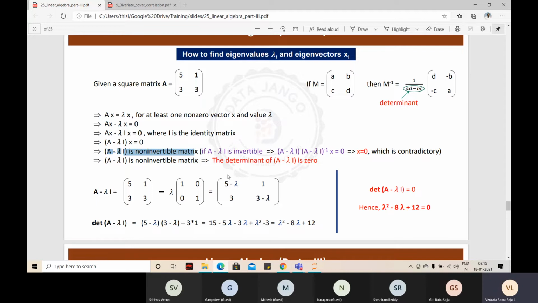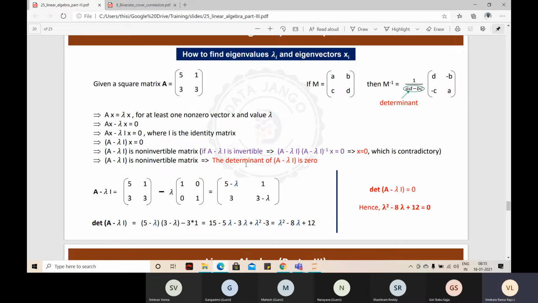Yes, no. Can I move on? Yes, it means the determinant is 0. The determinant of A minus lambda I is going to be 0. So using that, we are going to find lambda.